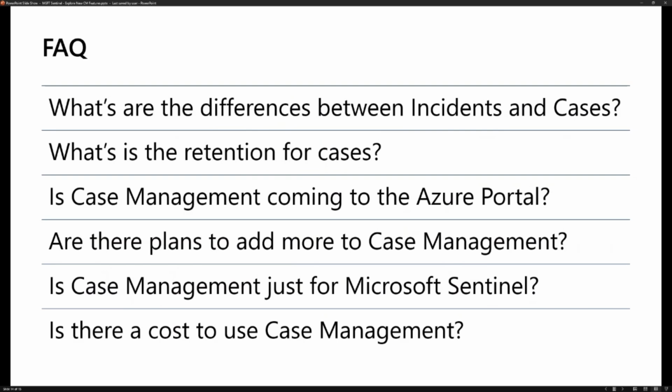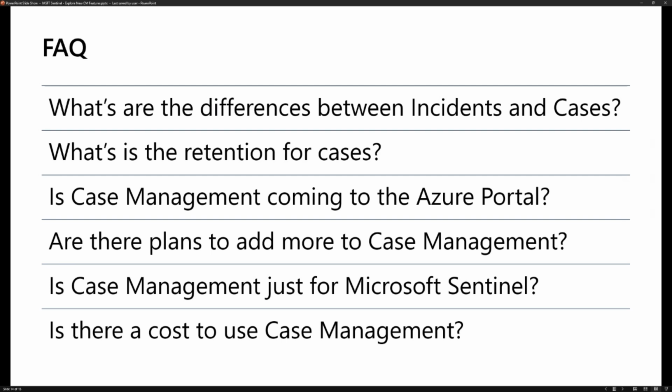I did jot down a few FAQs. We also will have the Q&A here after this, but I just wanted to call out a couple of questions that we frequently get. A lot of you might be thinking, what are the differences between incidents and cases in this scenario? As mentioned at the start, cases are not just for incident response. Cases could be many things, like I just showed with the threat hunting scenario, vulnerability management, tuning your noisy detections, and so on and so forth.